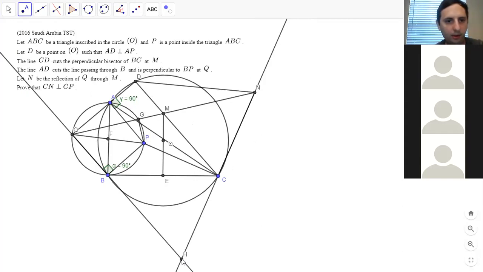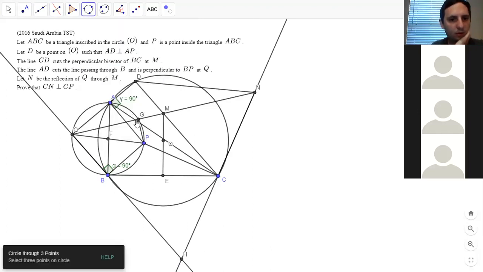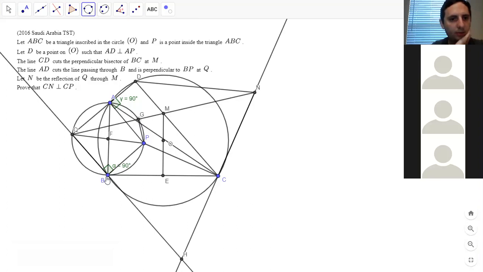So then GBC is like the pedal, or we want to show that that's the pedal circle of P. I wonder if it passed, let's see. Maybe GBCM is cyclic.